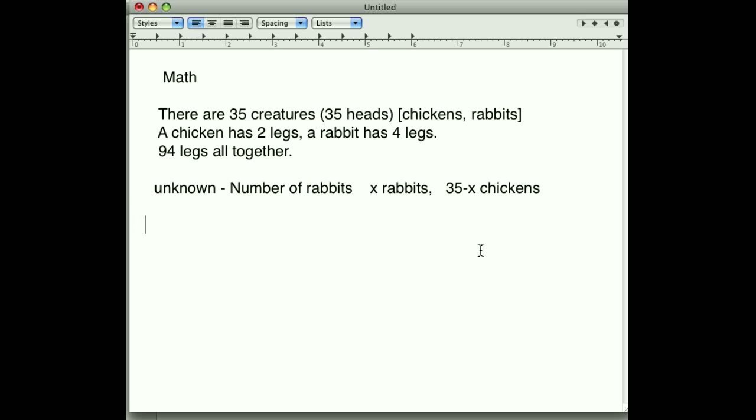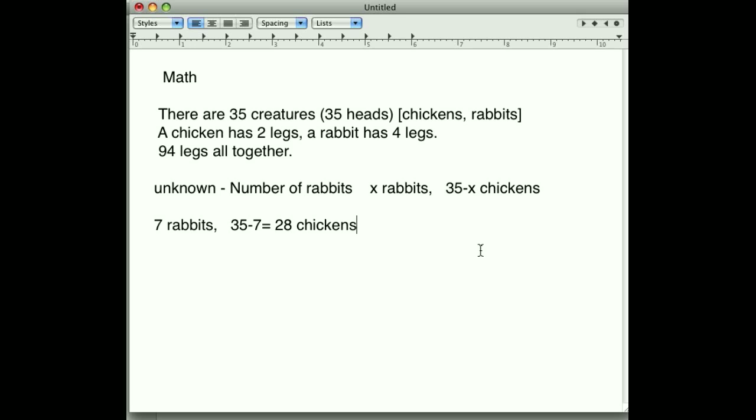For example, if we had 7 rabbits, then 35 minus 7 would be 28. So we would have 28 chickens. I'm not saying this is the solution.